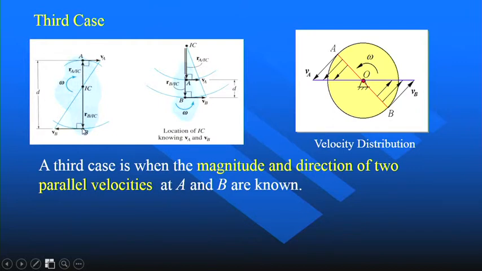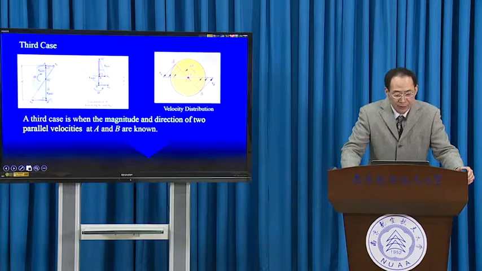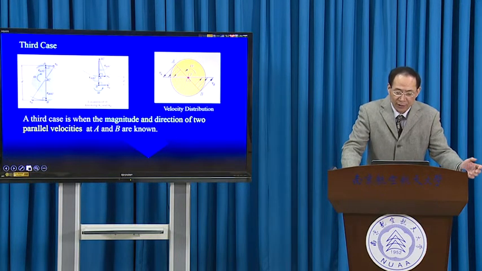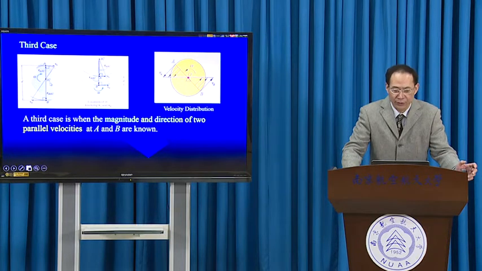So based on this law, we make a connection line from the head of VA to the head of VB. And this line will have an intersection with the diameter AB. So in the left case, the IC is finally located using this method.